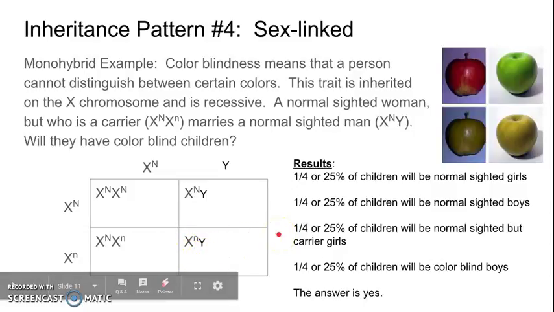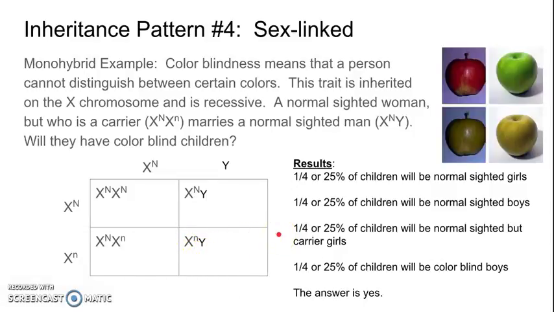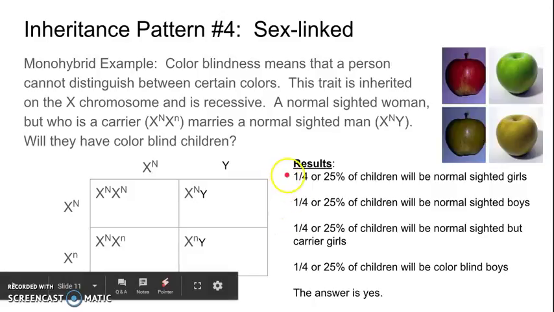However, I'm only asking if any child that this couple has, would they be colorblind? And so in this case, we're just simply looking at, did any of the children inherit the colorblind allele? To analyze this, 1/4 or 25% of the children will be normal-sighted girls, right here.